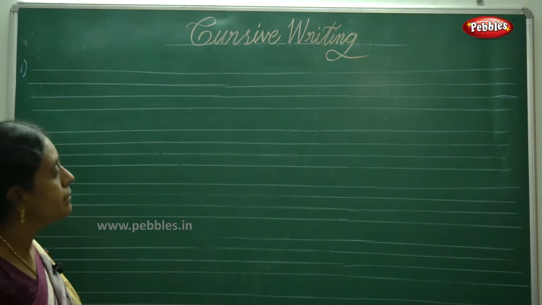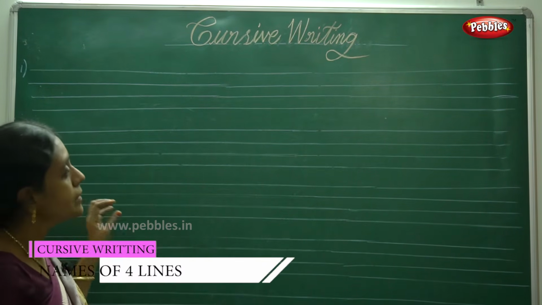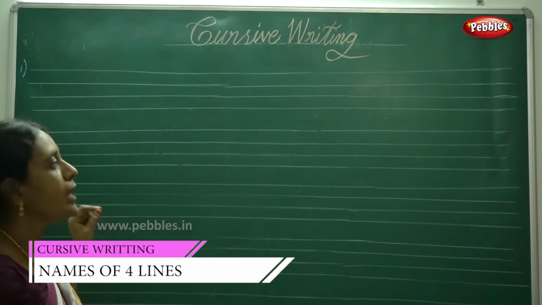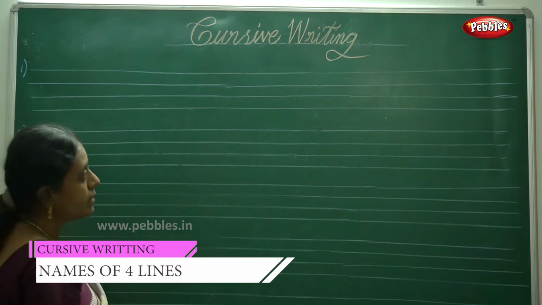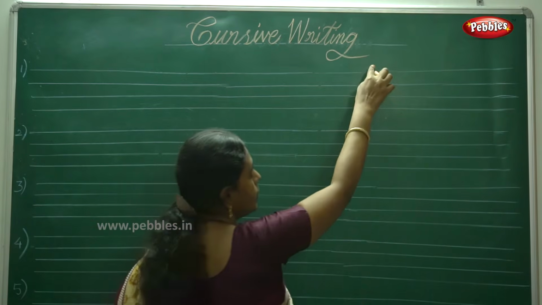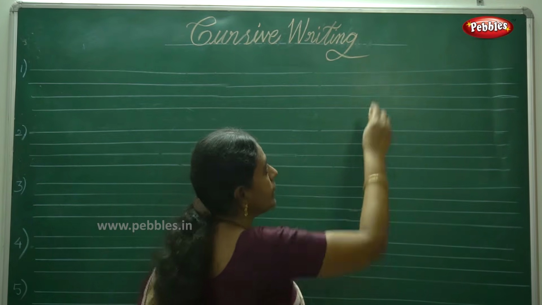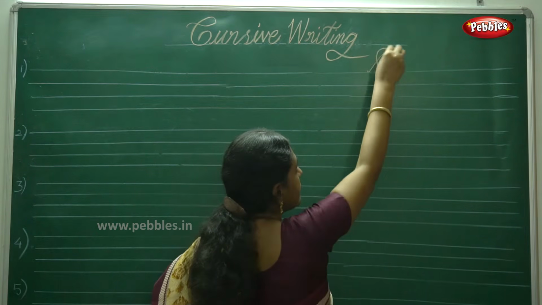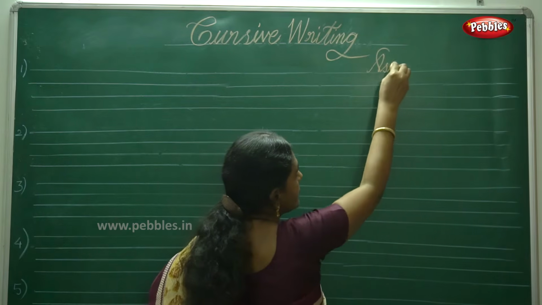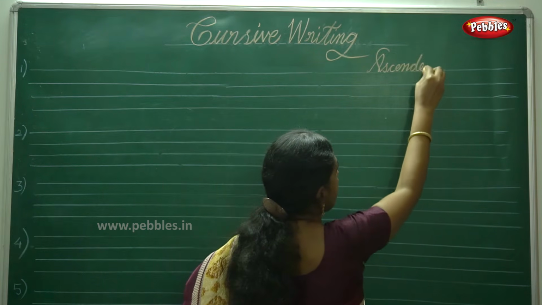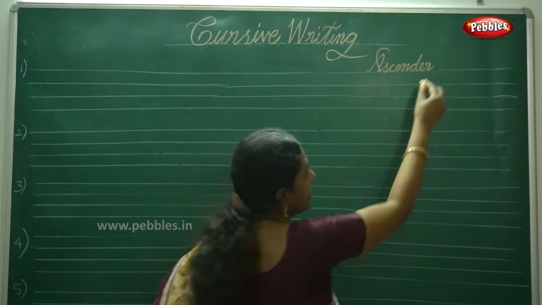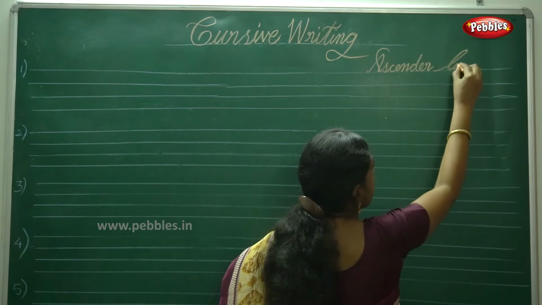First we have planned to know the names of the 4 lines in your 4 lines notebook. Let me see the topmost line, which is called the ascender line. Ascender, ascender line.